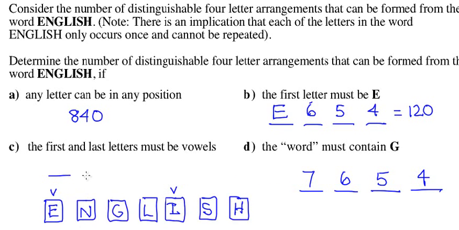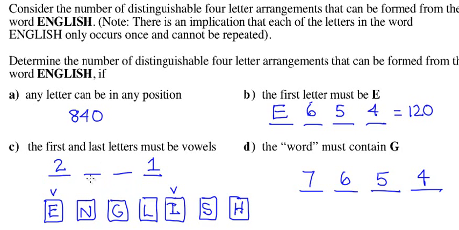So when we're filling in our spaces here, we'll do our restricted spots first, like the way we normally do. The first letter, we have to pick a vowel, and we have 2 to choose from. Now we go to the last space. We have to put a vowel in here, and we already used one of them, so we only have 1 left.